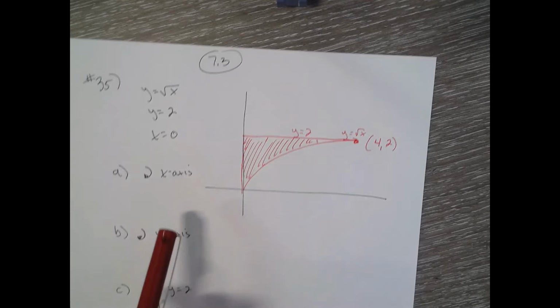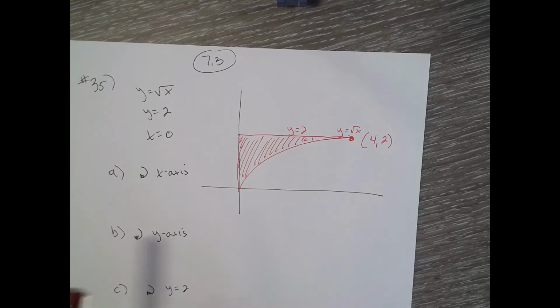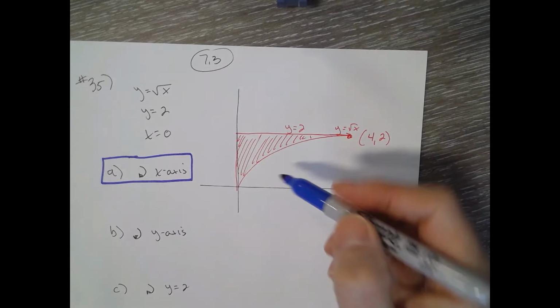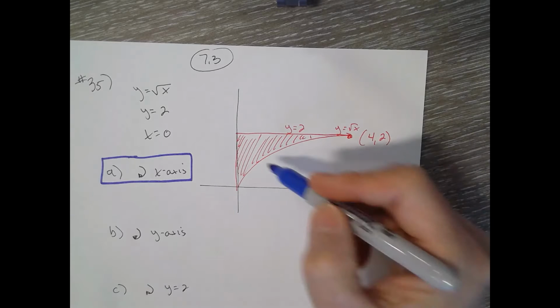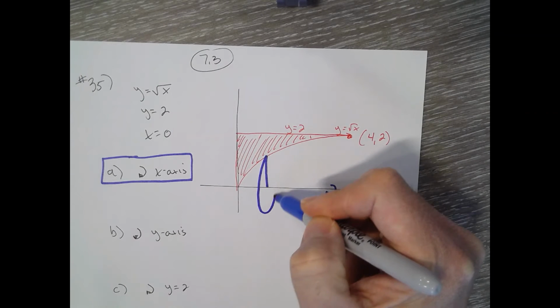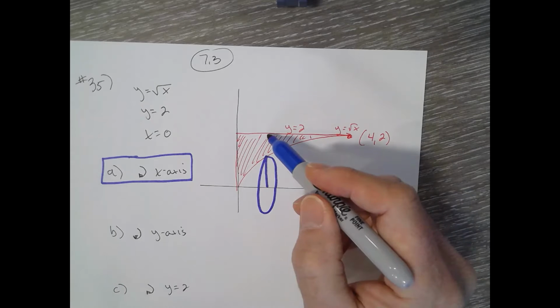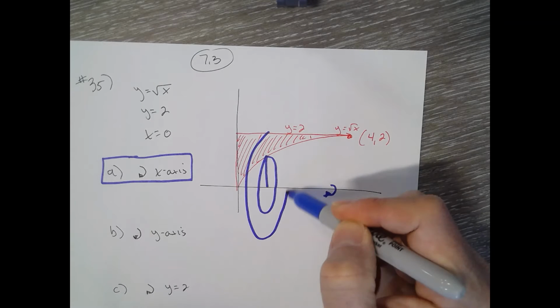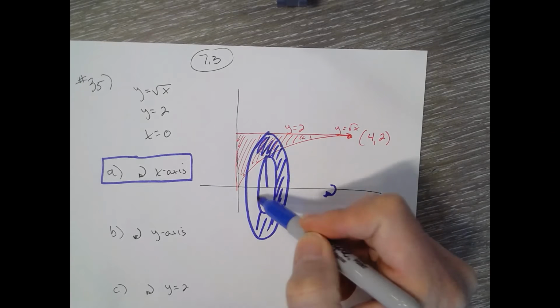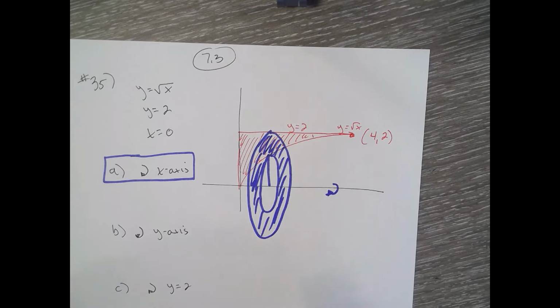Okay, so first thing, we're going around the x-axis. So if we're revolving around the x-axis, you can see that it's going to be hollow. There's the small circle, and there's my large circle. So this is my washer created when we revolve around the x-axis.